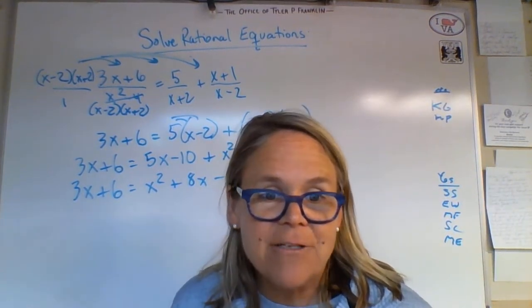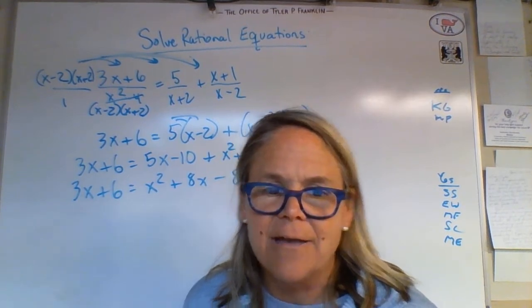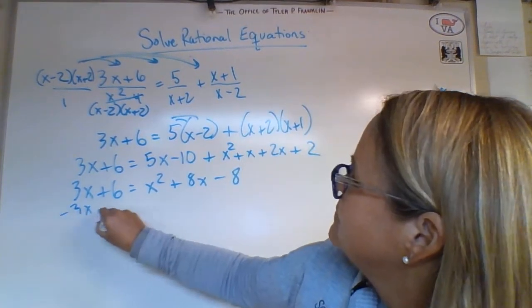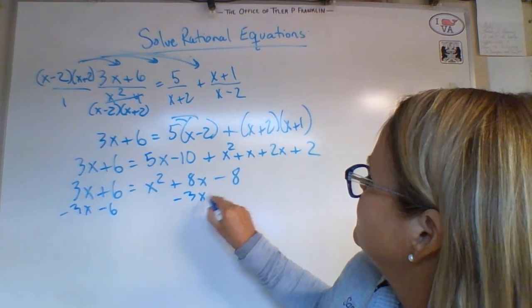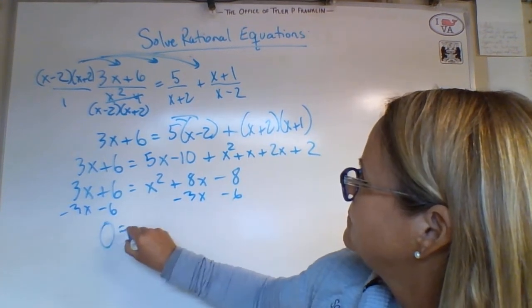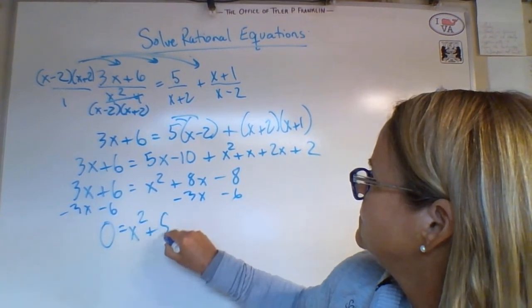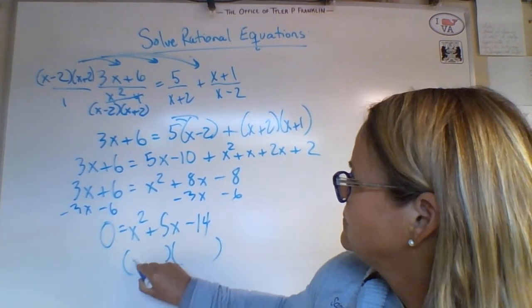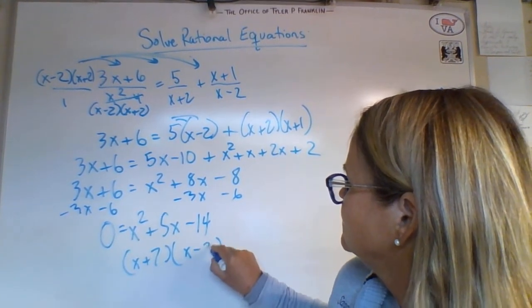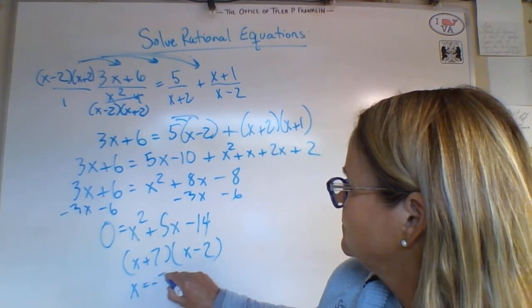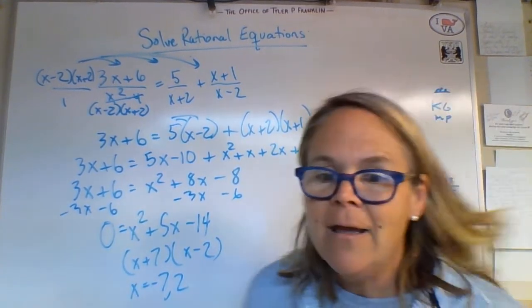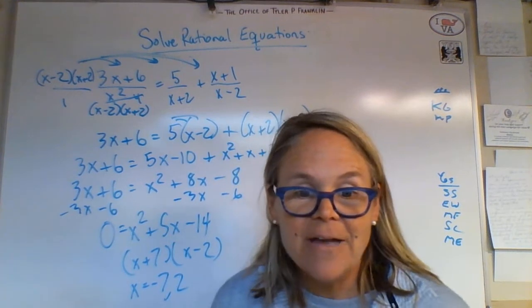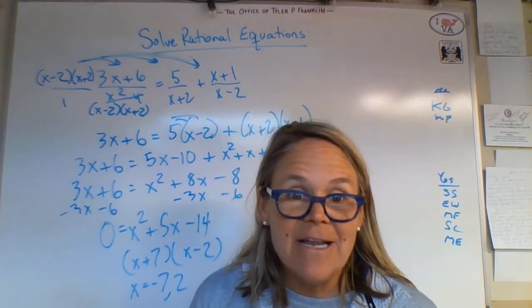Now, we have an x squared, so get everything on one side. So I did my math, I factored, I got -7 and 2.